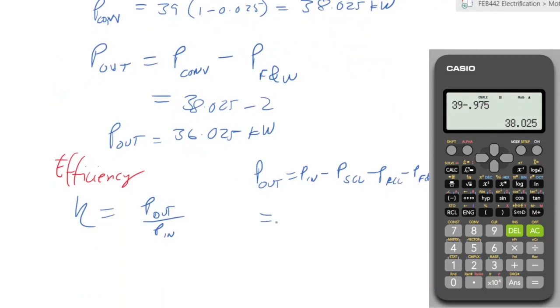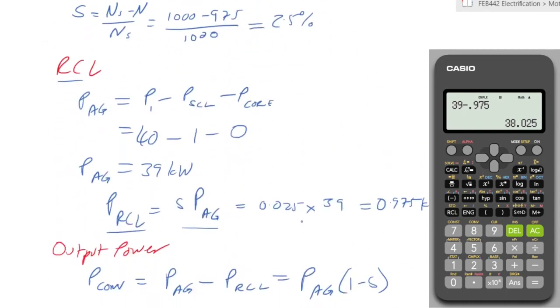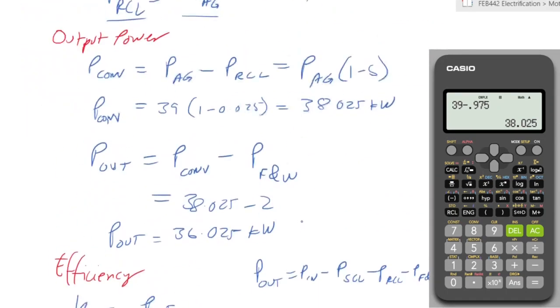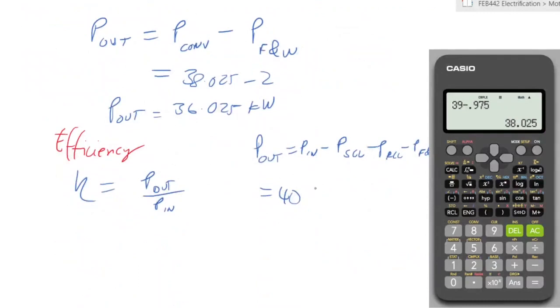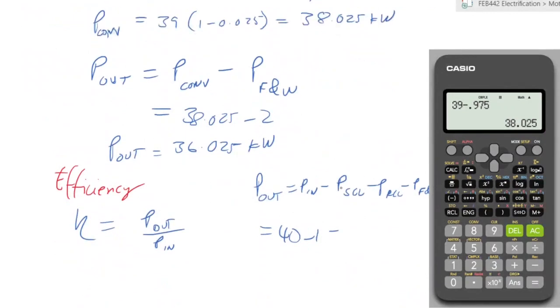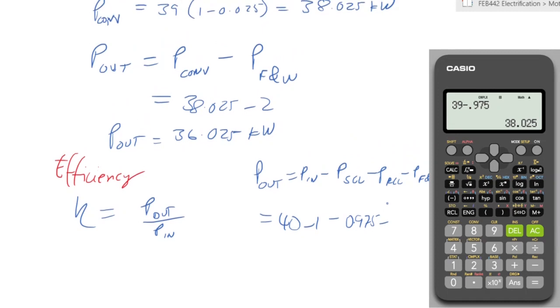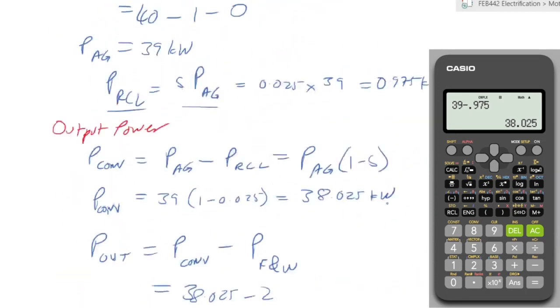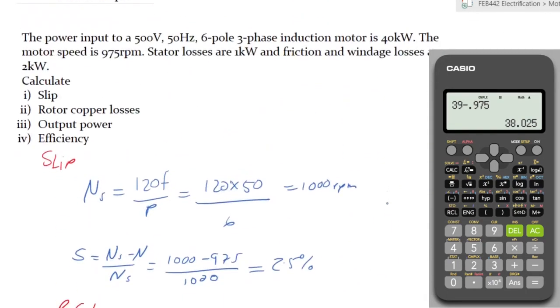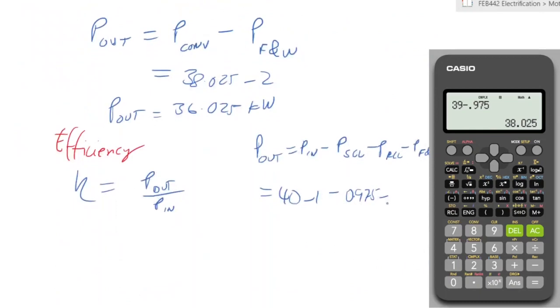So it would be, what is our input? 40 minus SCL was 1 minus RCL was 0.975 minus friction and windage is 2. Should come out to the same thing.